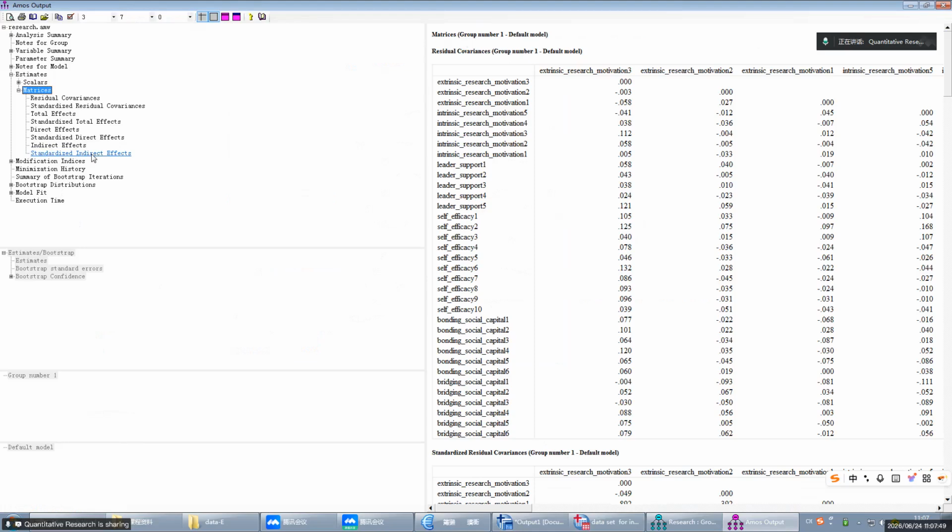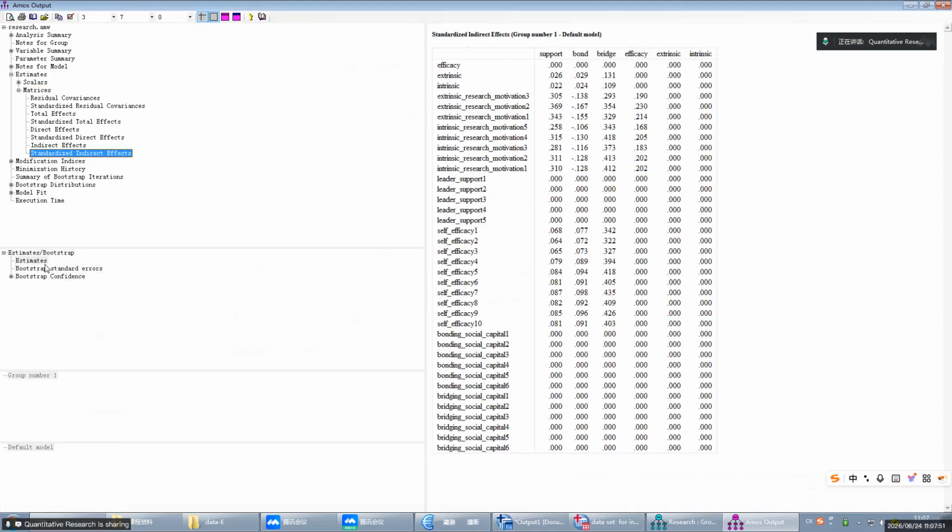Now you can see it's activated. If you don't click indirect effects, they are inactive. Only when you click indirect effects will they become active. Okay.